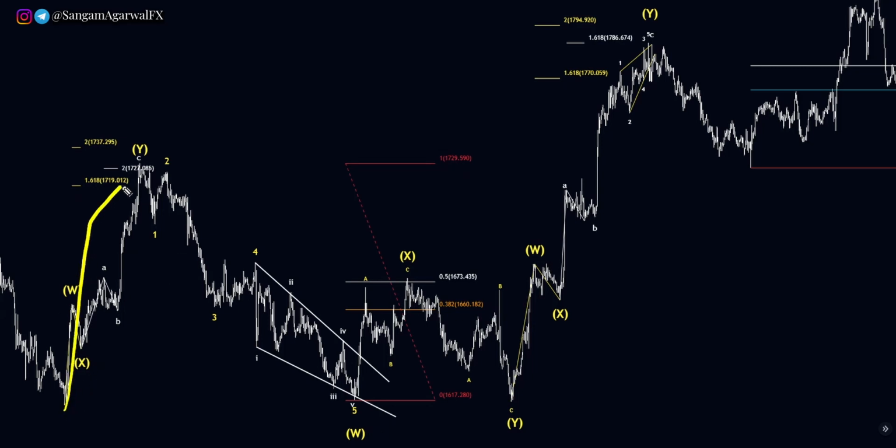Until you have a clear understanding of the previous wave, you cannot start wave counting for the next trend. Since this WXY wave counting gives a stop here, we start wave counting here. Then this 1-3-5 wave counting, so the next wave counting starts from here.